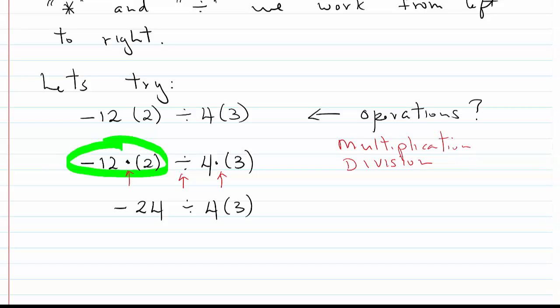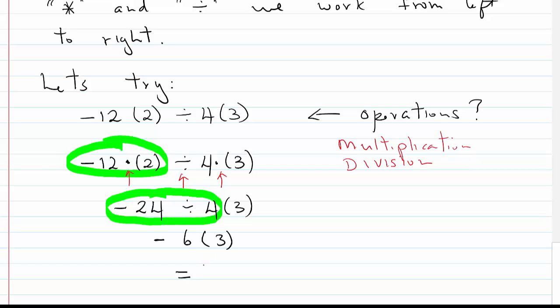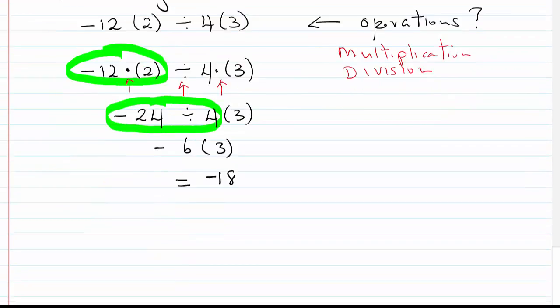Now I will work with these two. A negative and a positive, my result will be negative. So that becomes negative 6, and then I multiply that by 3. And finally, we have negative 18 as my result.